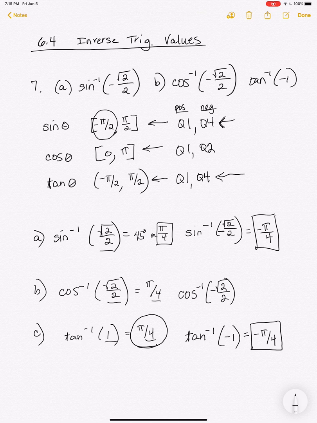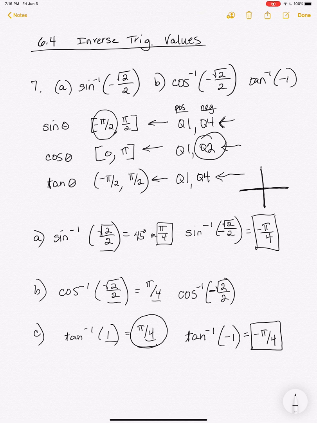But now I need the angle that gives me a negative value. Well, that angle is coming out of quadrant 2. So now you have to think about how you get your angles and how you use your reference angles to get an angle out of quadrant 2. Remember, our reference angles always go from the x-axis.